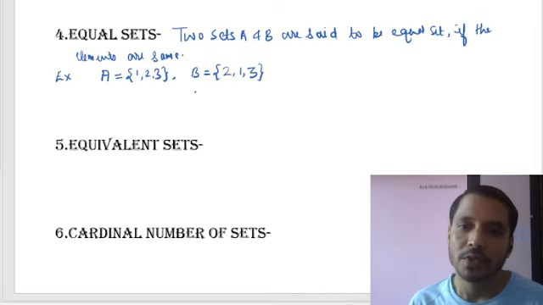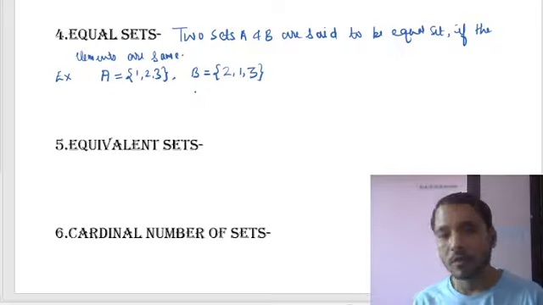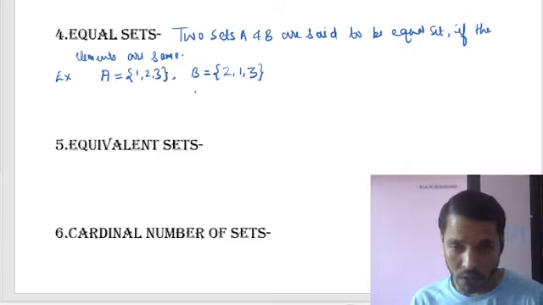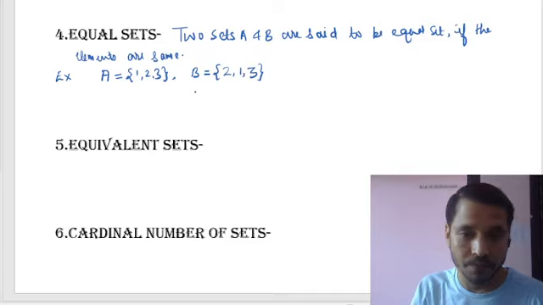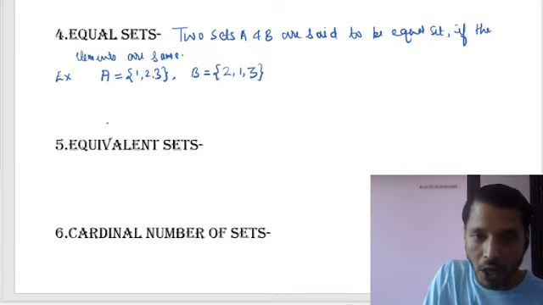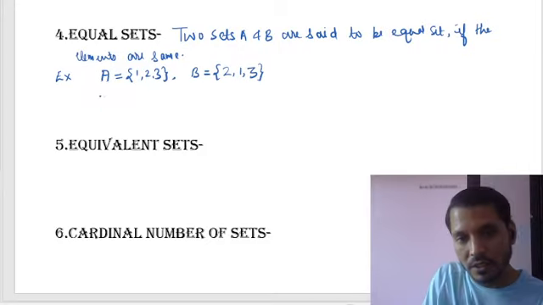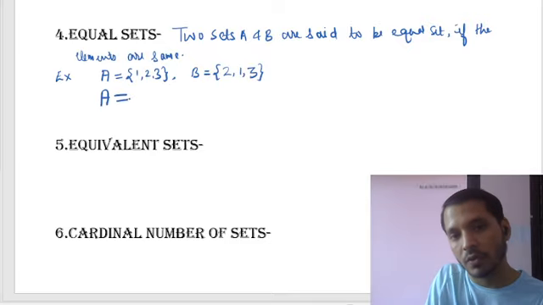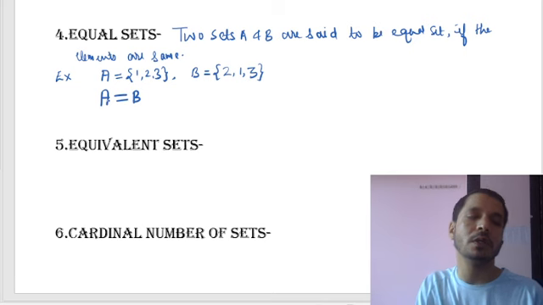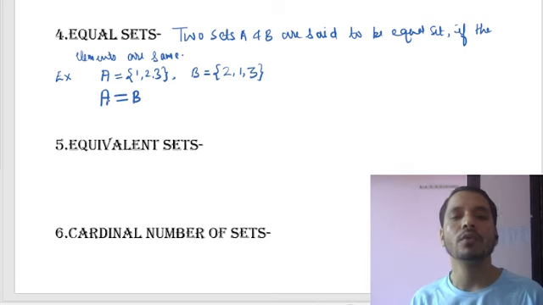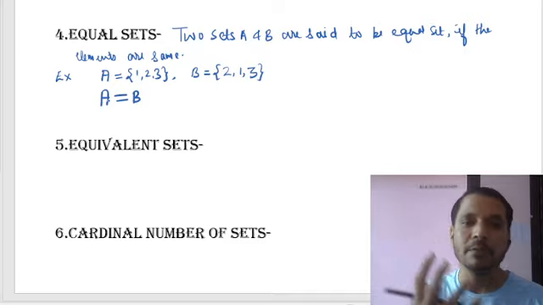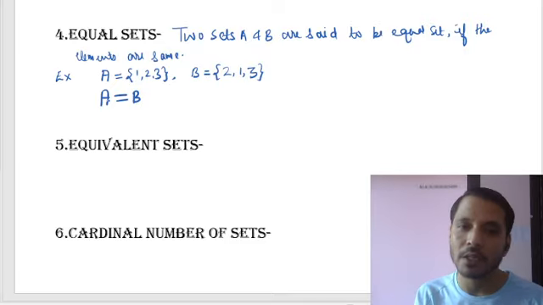We can write 1, 2, 3 or 1, 2, 3 as it is. So order doesn't matter. How do we represent equal sets? Very simple: A is equal to B. We use this equal to symbol. So any two sets which consist of exactly the same elements are called equal sets.